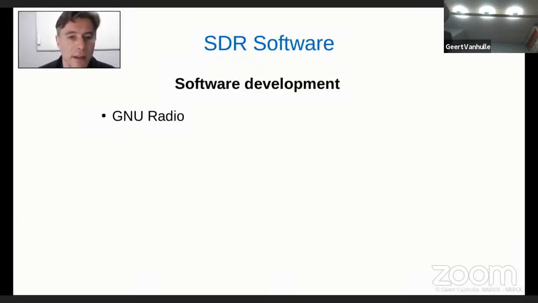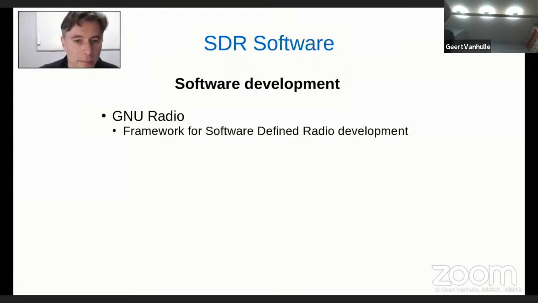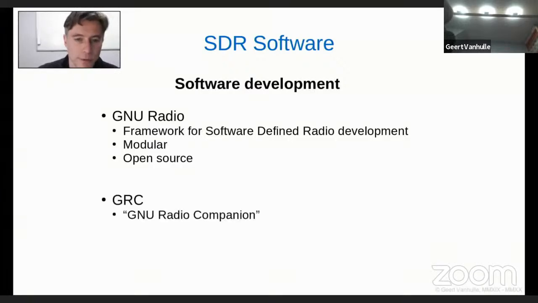GNU is from the GNU's Not Unix, Linux type of software, so it's open source, and it's a software package completely built for software-defined radio development. So it's a framework. It's modular, so modules can be added to expand its possibilities, and this, as I said, is open source.